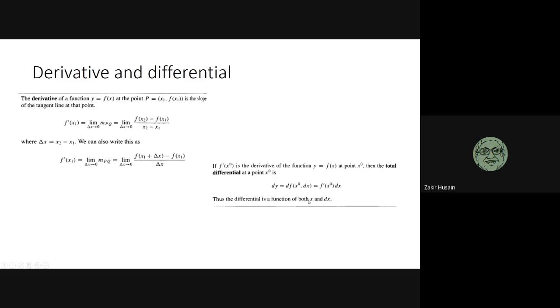So the differential is a function of both x and x0. You can see from here that this differential, the change in y, is a function not only of the initial point x0 from where we are starting the change, but also of dx, that is how much we have changed.